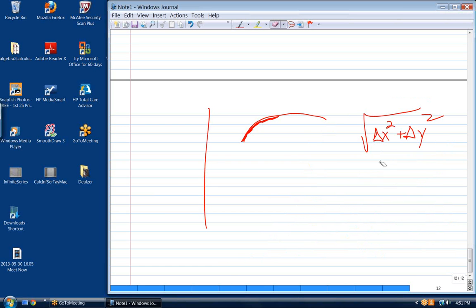But the only part that's tough of arc length is the original figuring out what the formula should be for it. Once you are told the formula for arc length, then it's relatively simple, and it's pretty much plug in and solve. No matter what the function you're given, you just have to take the derivative of it and square it and plug it into what we were just looking at. So arc length really is not that tough once you get behind the logic of how they came up with it.